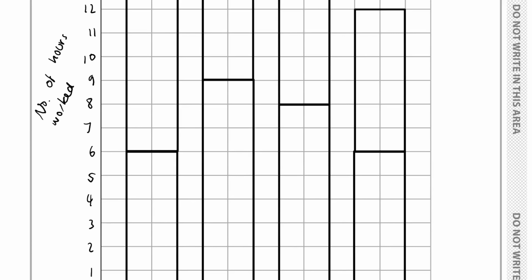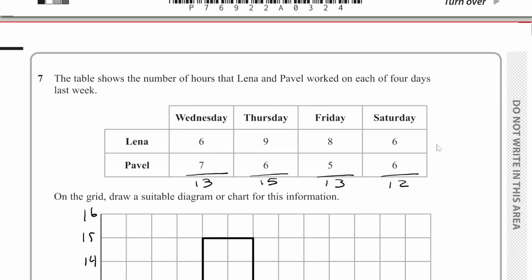So it doesn't matter if you've done a dual one or a composite one, we're going to need some kind of key to say which one's which.